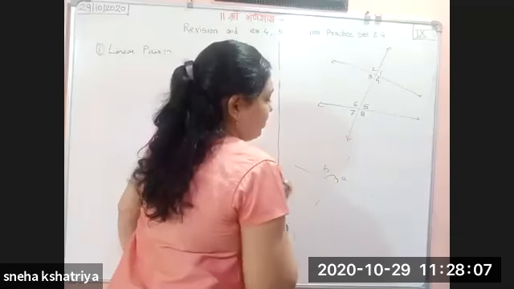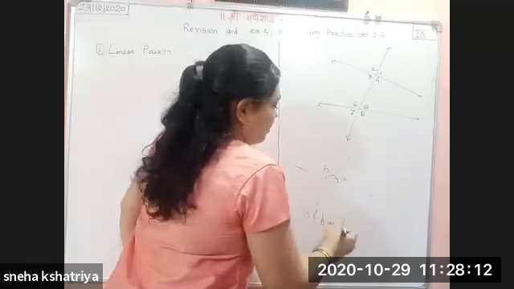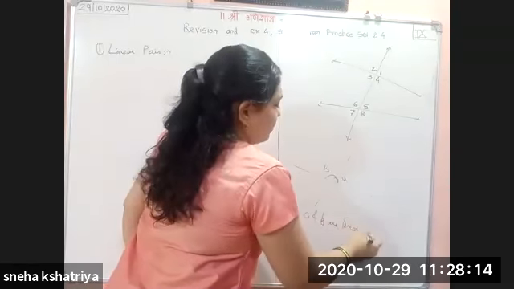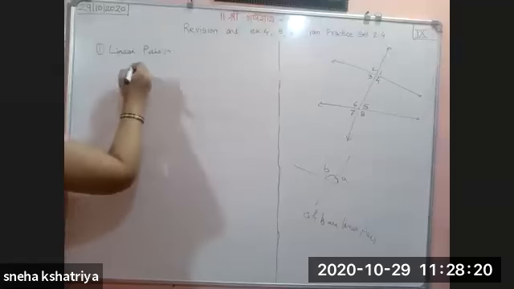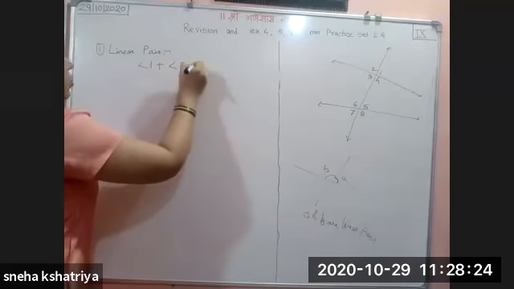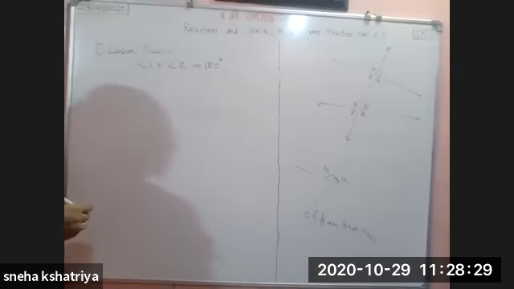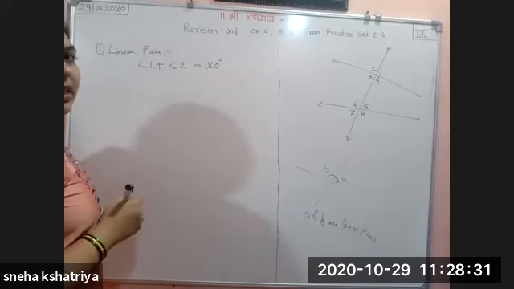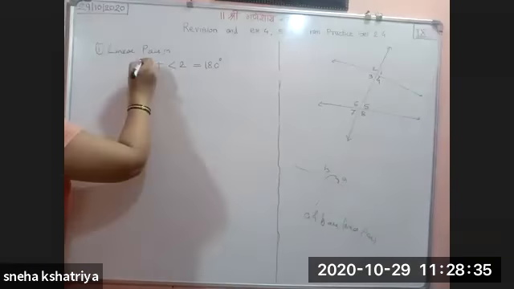Suppose we write A and B, then A and B are your linear pair. Now what is the relation between linear pairs? The relation is angle 1 plus angle 2 is equal to 180 degrees. Their sum is 180 degrees.